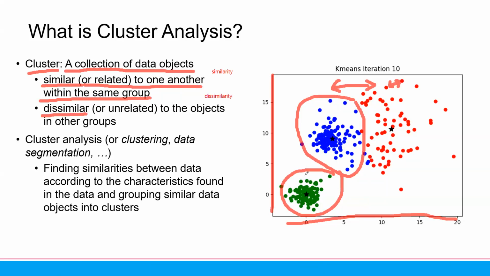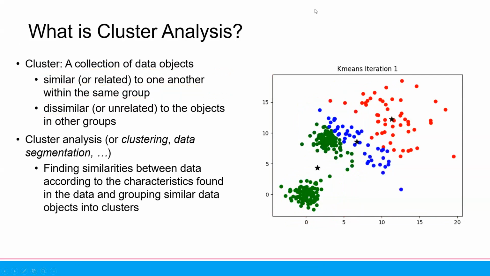The green color and the blue color, they have some distance. So we want to make the similar objects into one group, and we want to make the dissimilar objects into different groups. That's the basic idea of cluster.